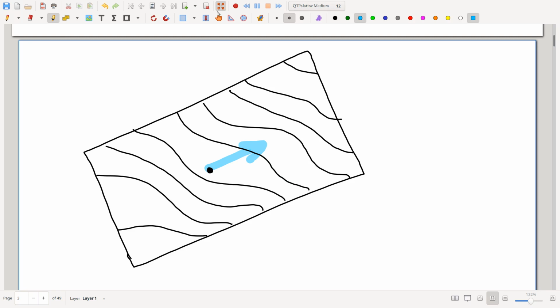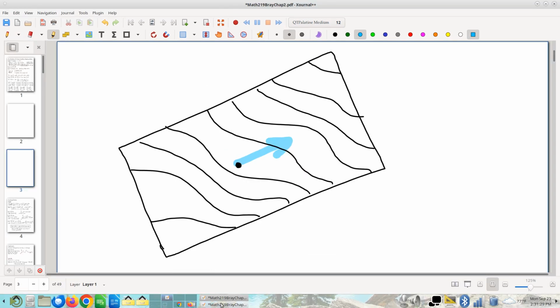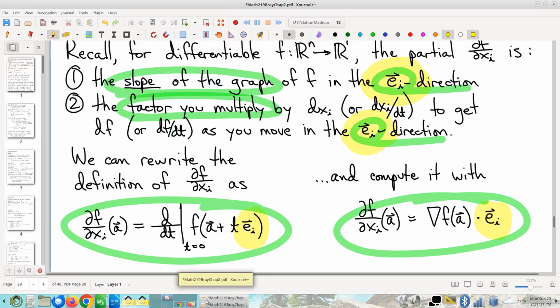So what I want to point out, and I guess we'll have to finish this up later, is that all of the stuff that I said about partial derivatives is based on the direction being defined by unit vectors that until now we've been thinking of as special, because they're standard basis vectors, and standard basis vectors are special.